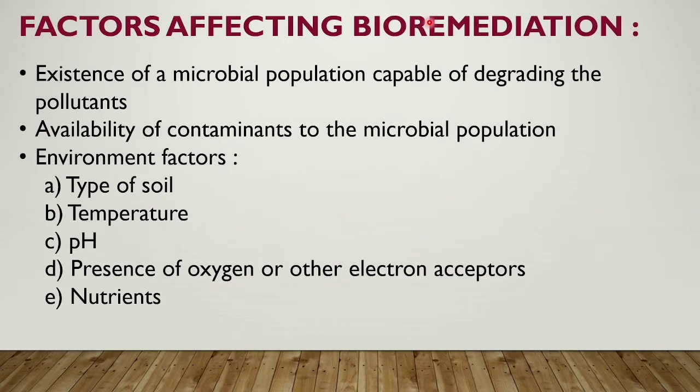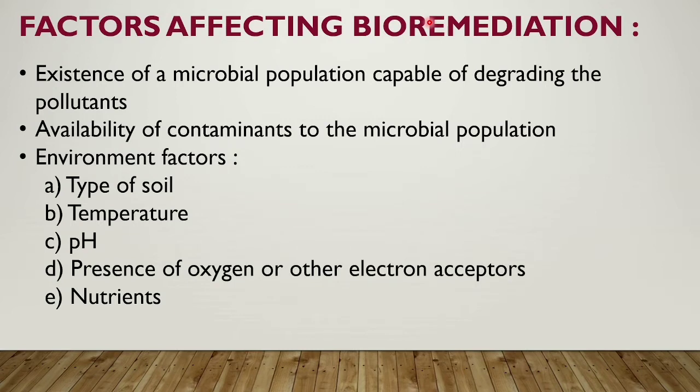So, before moving forward towards the techniques, we will see what are the factors that affect bioremediation. So, first consider that if a particular microorganism requires oxygen and that much or sufficient oxygen is not present during the process, then it may naturally affect the process as microorganisms will not efficiently work.